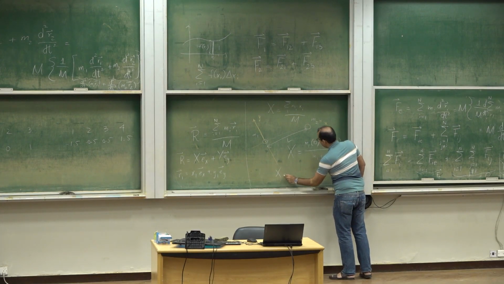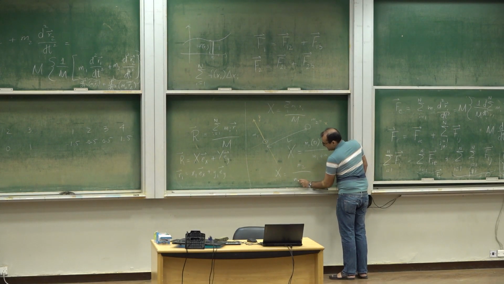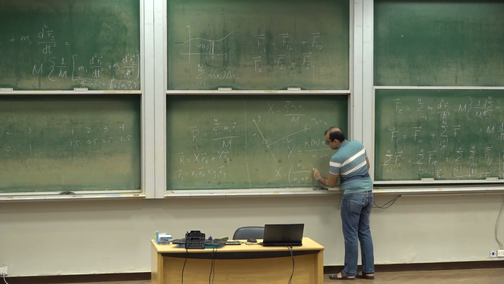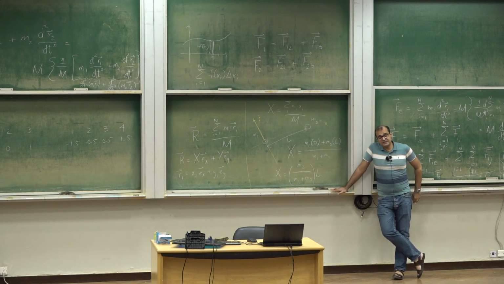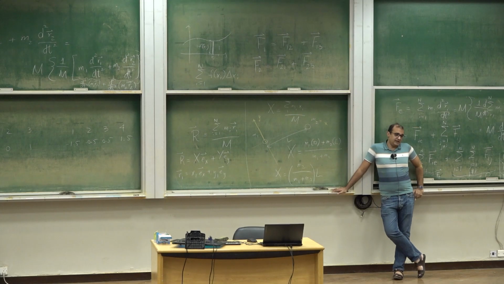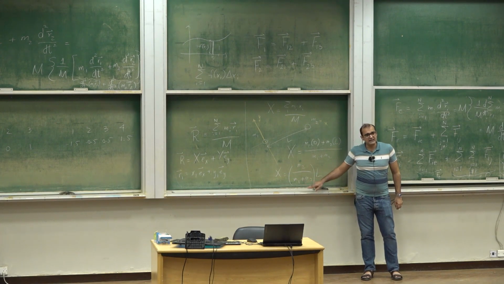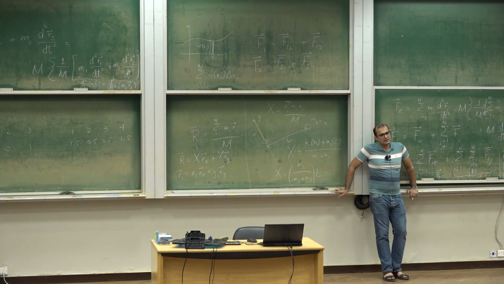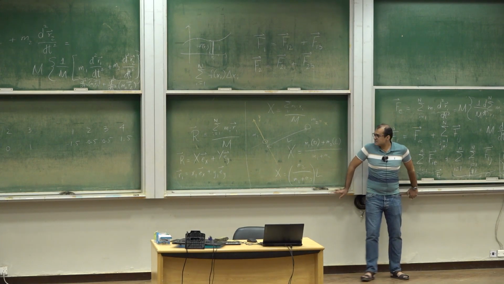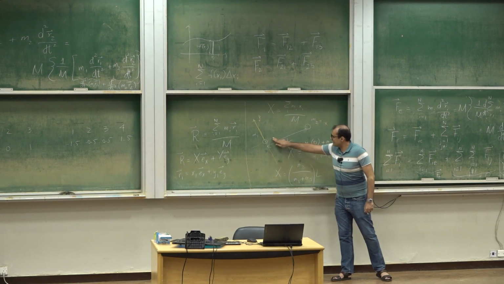So capital X will simply be equal to m2 divided by m1 plus m2 times L. In other words, what I've shown is that the center of mass of two particles, first of all, lies along the line joining the two particles, somewhere in between the two particles. So m2 over m1 plus m2, this is a number smaller than 1. So capital X is bigger than 0, but smaller than L. So it's somewhere along this line, somewhere over here.